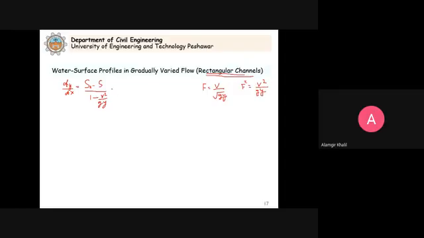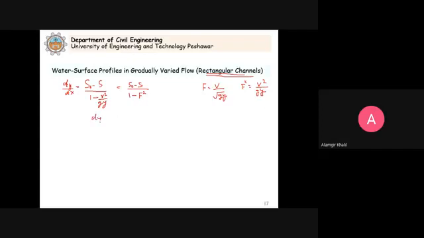So dy by dx is equal to S naught minus S divided by 1 minus F square, where F is the Froude number.